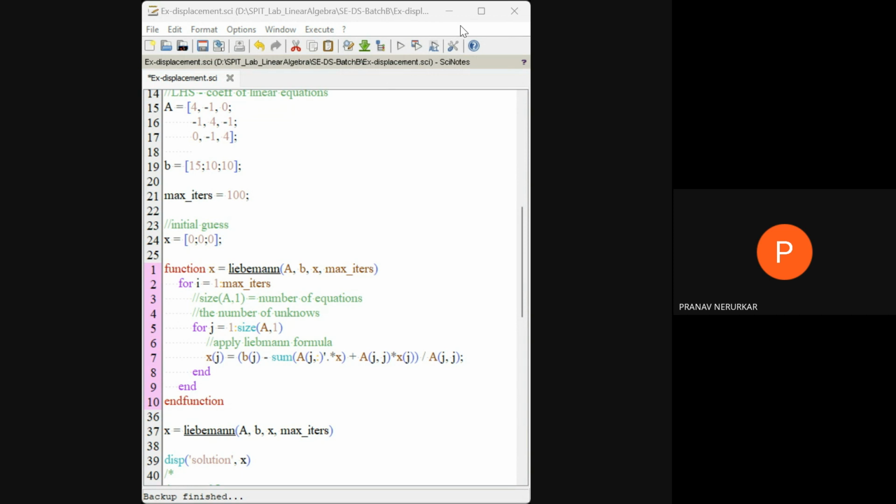If it is correctly true, that means your implementation is correct, which will converge the solution you will get for a diagonal dominant matrix. This one is diagonal dominant, so you will get the solution.